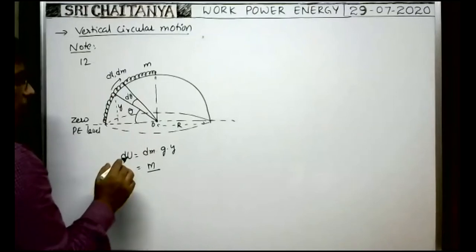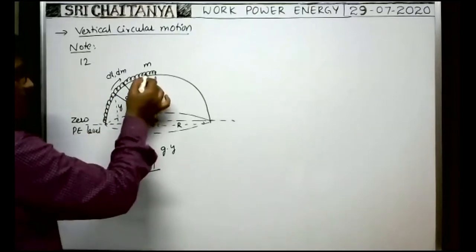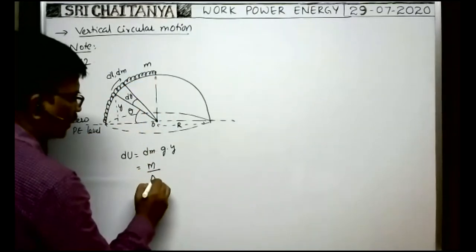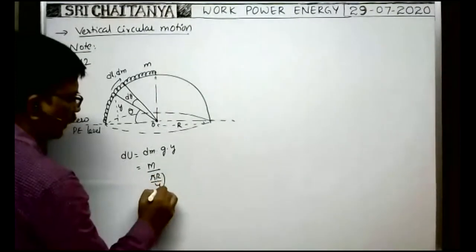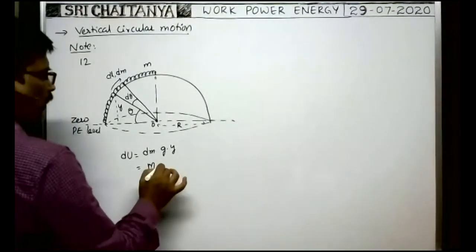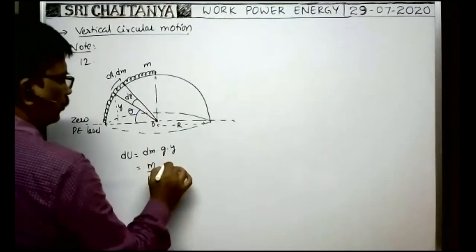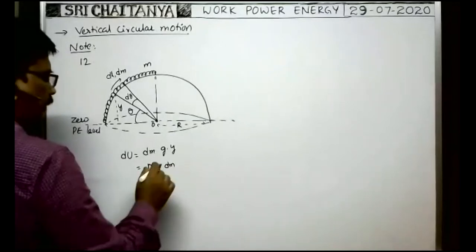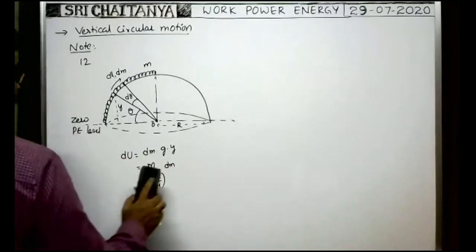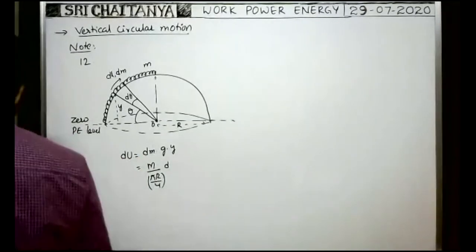For pi r by 4 length of the chain, the mass is m. For unit length, the mass is m divided by pi r by 4. It is the mass per unit length. Then for this length, what is the mass? Into dl, length dl.